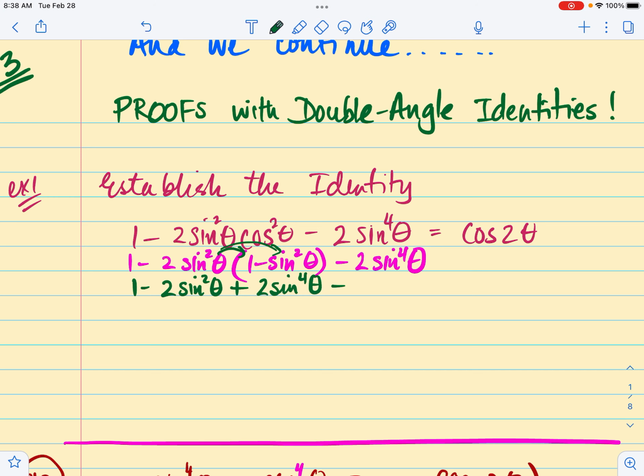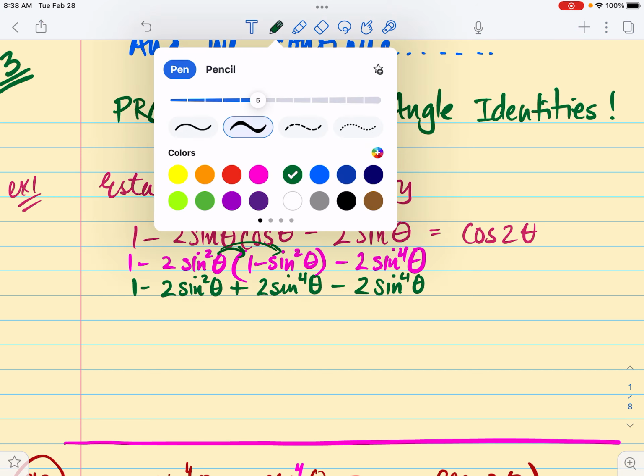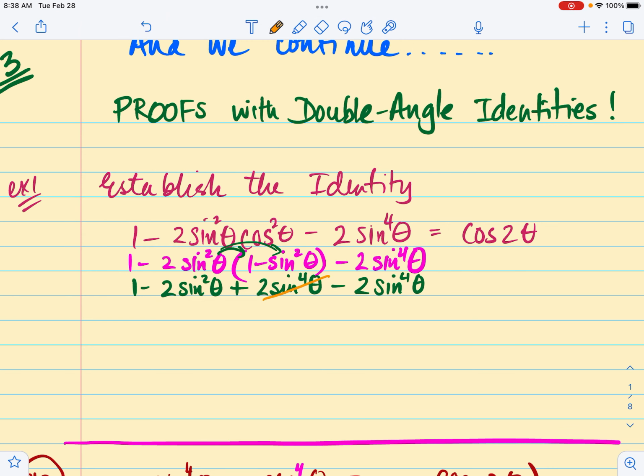That makes it sine to the 4th theta. And it just happens that the very next term is the exact opposite, 2 sine to the 4th theta minus 2 sine to the 4th theta. That disappears. So I'm left with 1 minus 2 sine squared theta. And then, as I said, keep an eye out for one of the formulas for cosine 2 theta. And this is a formula for cosine 2 theta. I think it's the third one. And hence we have proved it.